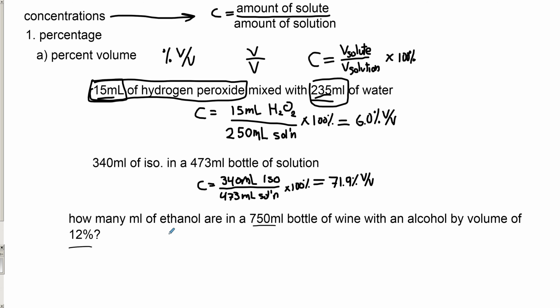So we have C equals volume of solute, and solute is what we're after in this case because ethanol is the solute. So it's volume of solute, divided by volume of solution, and then times 100.